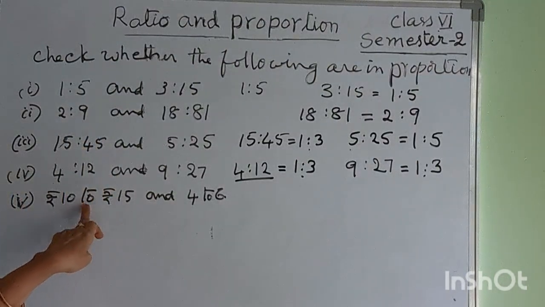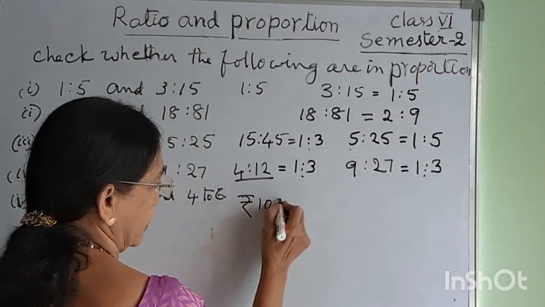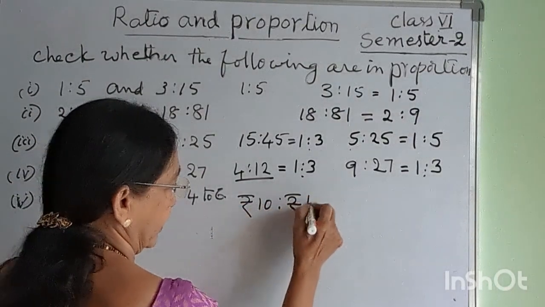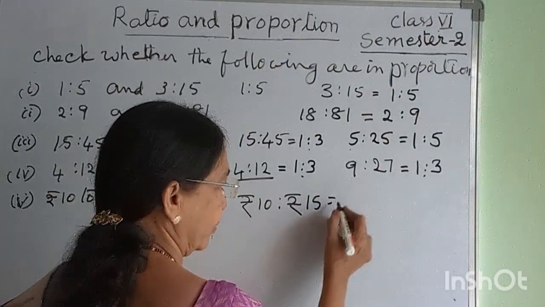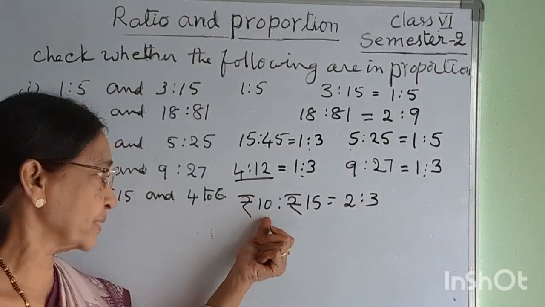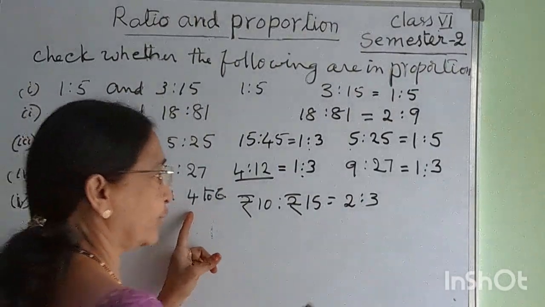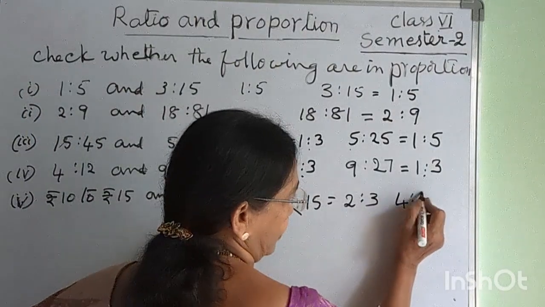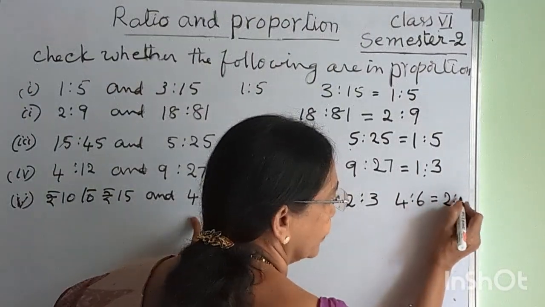Next, rupees 10 is to rupees 15. Rupees 10 is to rupees 15 is equal to 10 is to 15. Dividing by 5, we get 2 is to 3. The ratio of rupees 10 to rupees 15 is equal to 2 is to 3. And 4 to 6, dividing by 2, we get 2 is to 3.